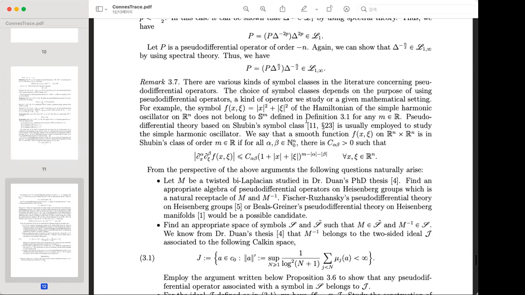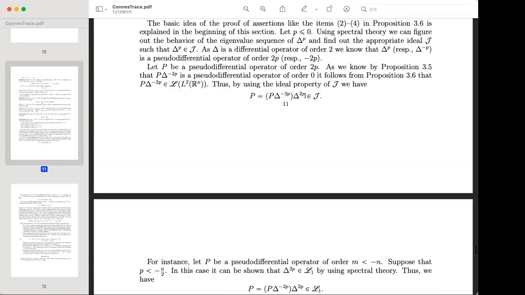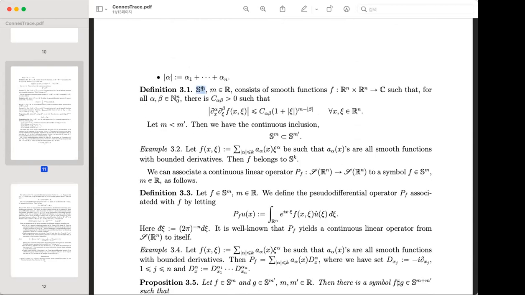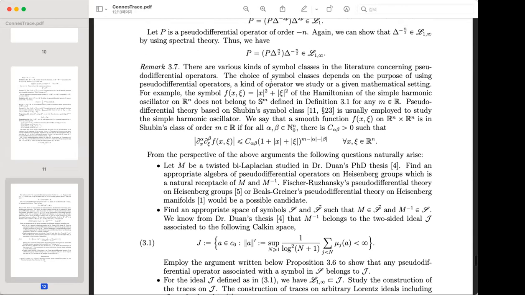For example, if one wants to work on this kind of symbol, which is the symbol of the Hamiltonian of the simple harmonic oscillator, if you have ever heard about it, this kind of symbol does not belong to any of these symbol spaces S^m for any m, because this estimate requires that f is bounded in the variable x, but as you can see, this function is not bounded in x.